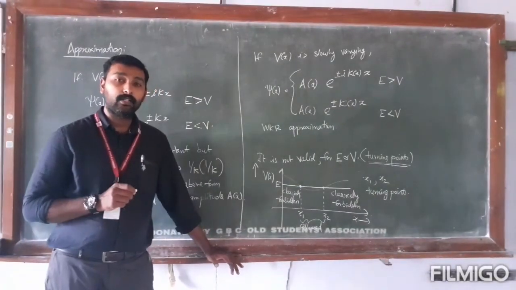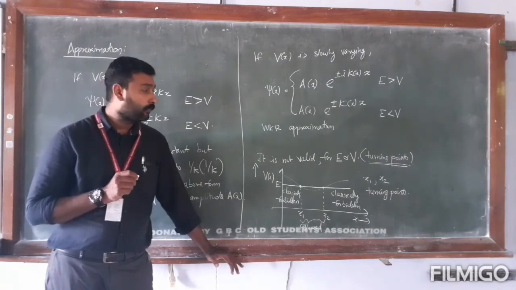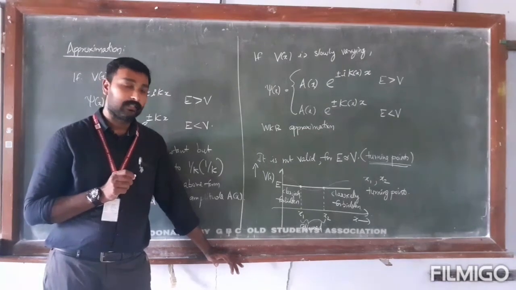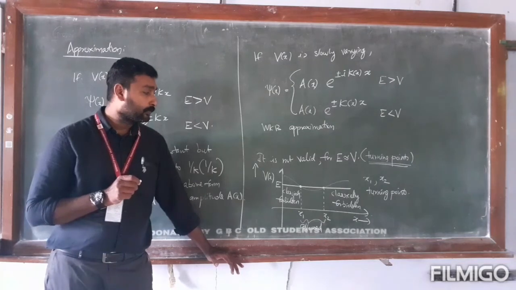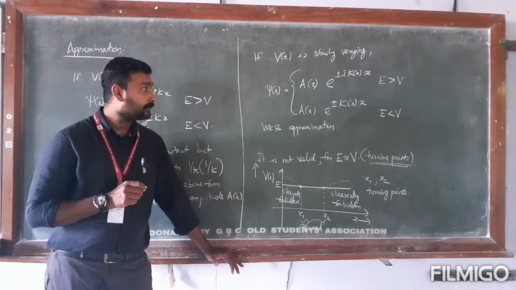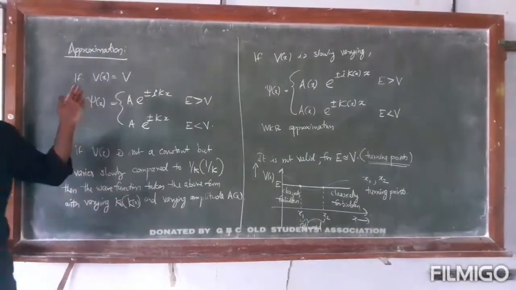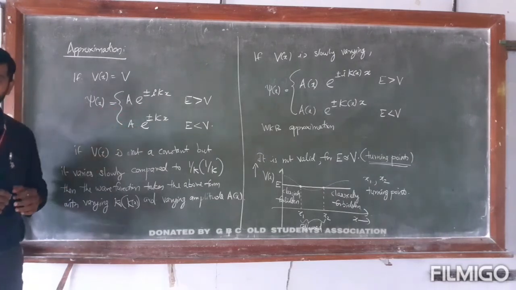So the dealing of turning points is a very important problem. For that there are techniques, that is, how to deal with the wave function around the turning points. So that we will discuss later. So this is the basic WKB approximation. If you have a constant potential, we already saw the wave function would be either a harmonic function or an exponential function.